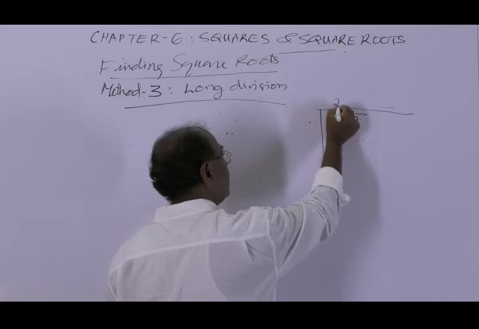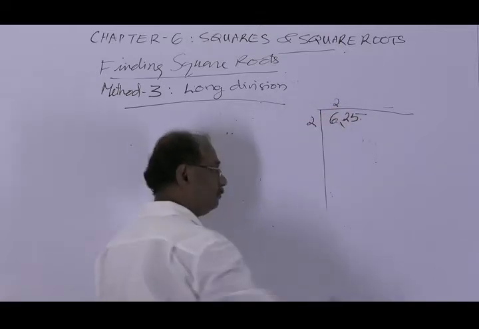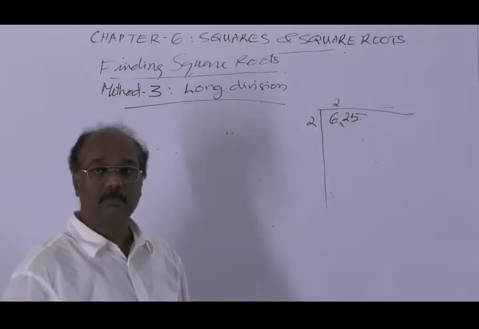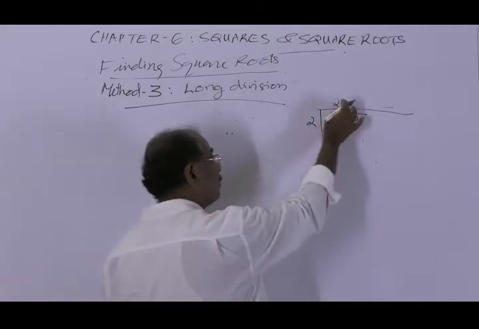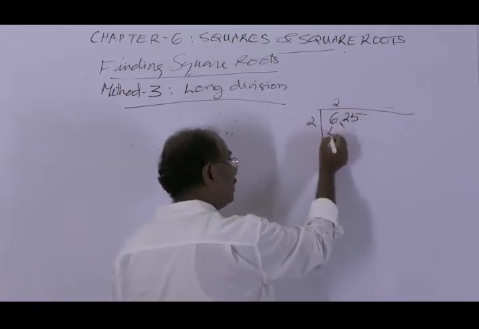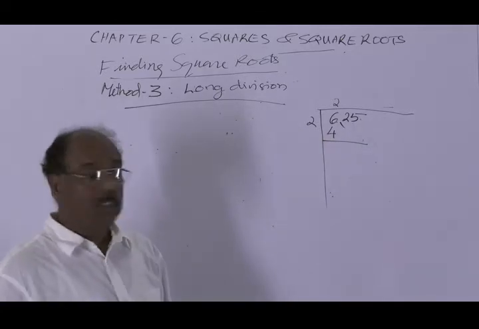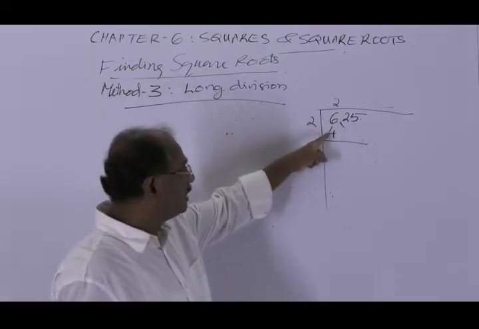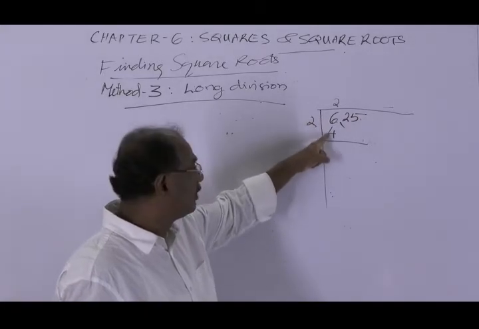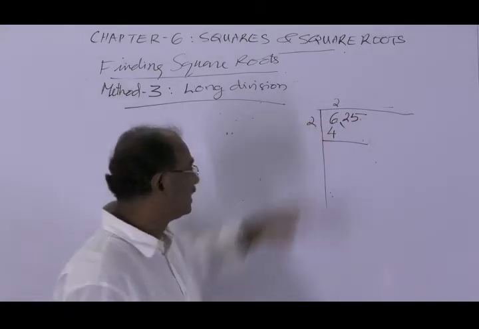So write that 2 here and 2, and the square number, 2 into 2, 4, is written here. Now find the difference. Subtract this 4 from the 6, we get 2.